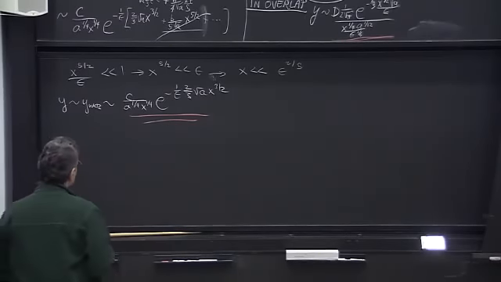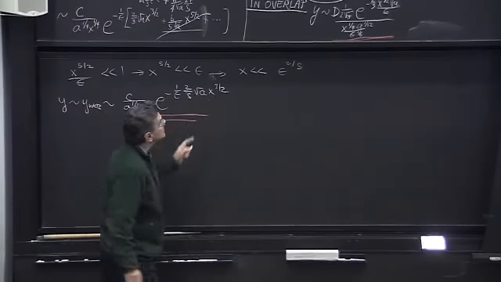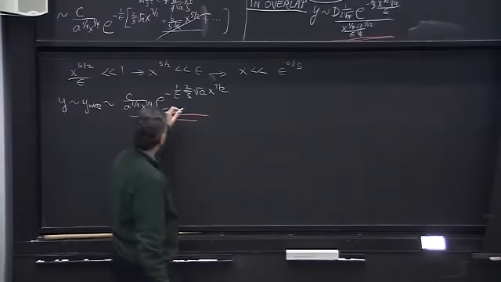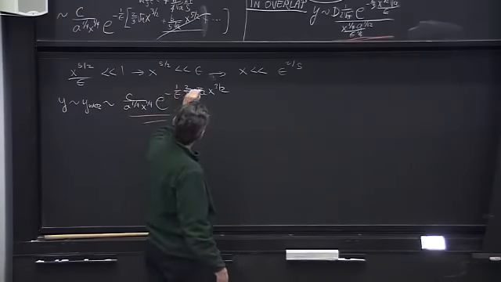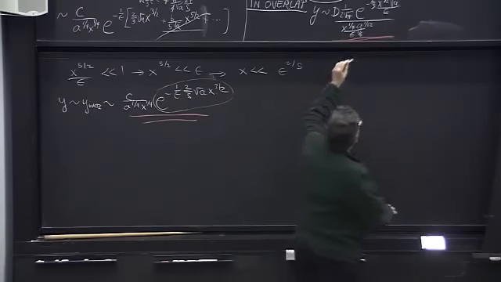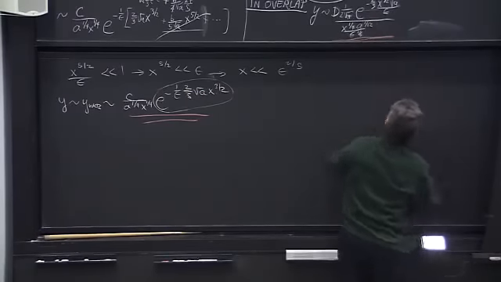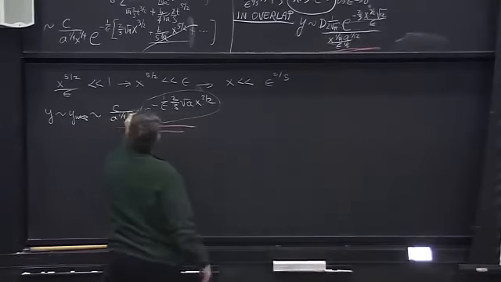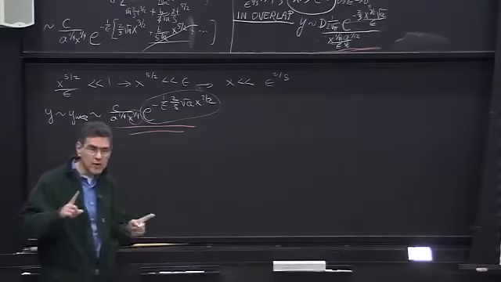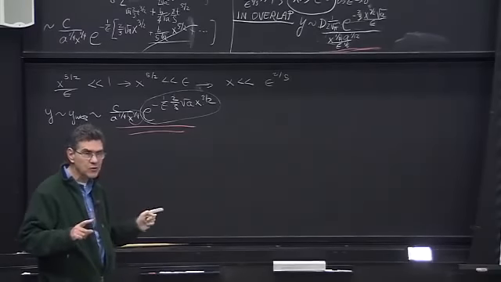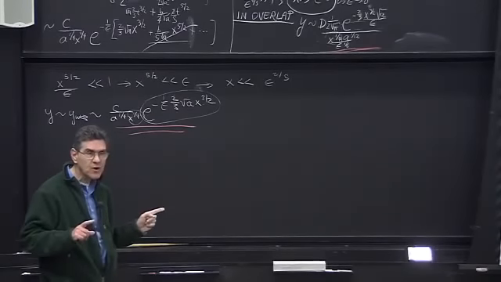Okay, so these are the same function if, now I want you to notice there is a 1 over epsilon 2/3 square root of a x to the 3/2. That exponential is exactly the same as that exponential. And there's an x to the 1/4 here, and there's an x to the 1/4 here. But these are only asymptotic if the constants multiplying these two identical functions of x agree.